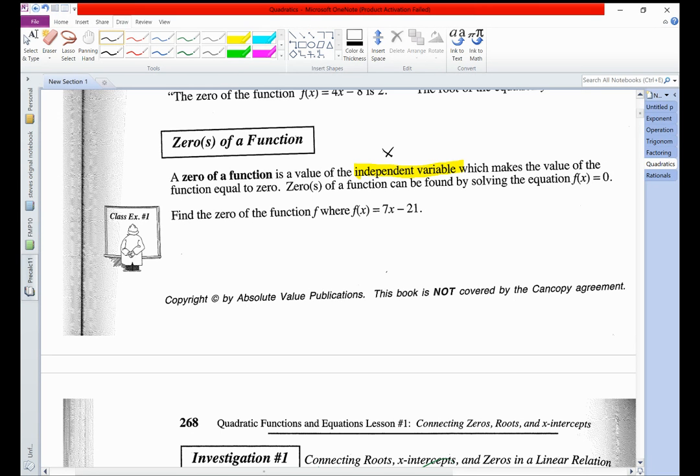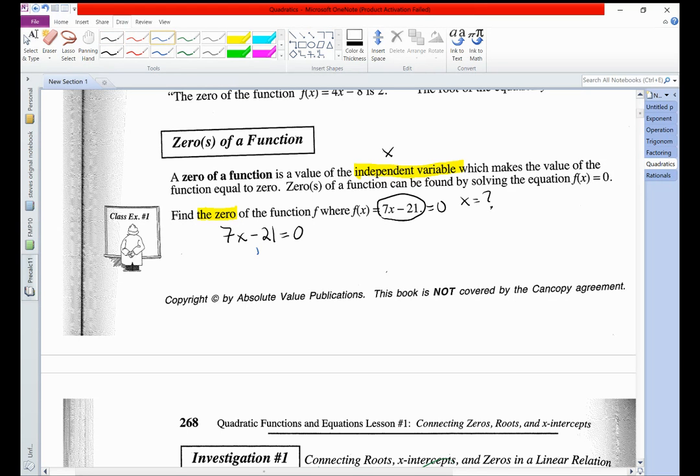So here it says find the zero of the function f, where f of x is equal to 7x minus 21. The zero is going to be what value of x we need in order to make this whole function equal 0. So to solve that, you can take your 7x minus 21 and set that equal to 0. And then you do your algebra, right? You want to solve for x.